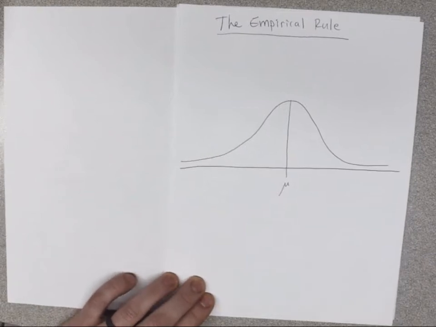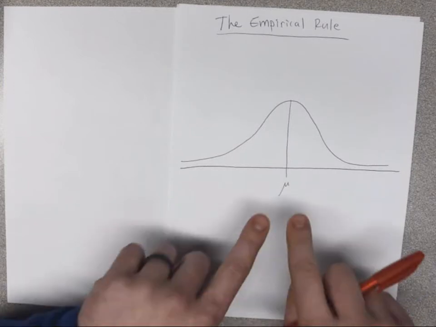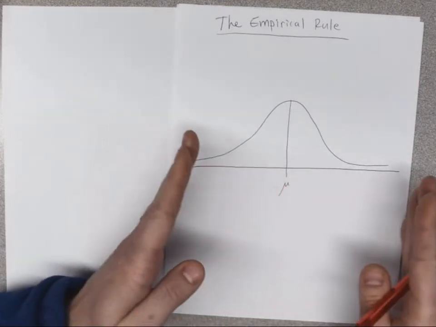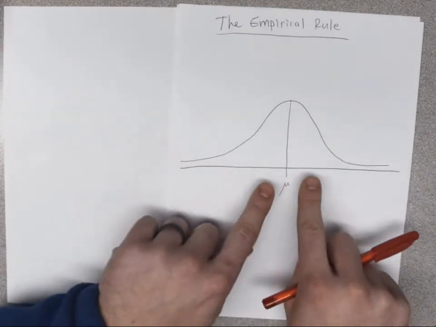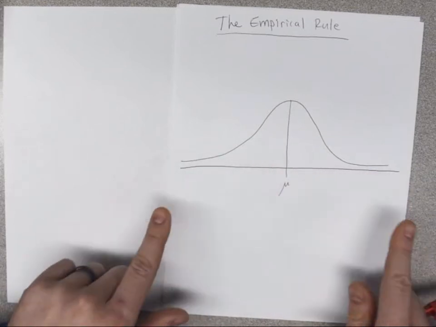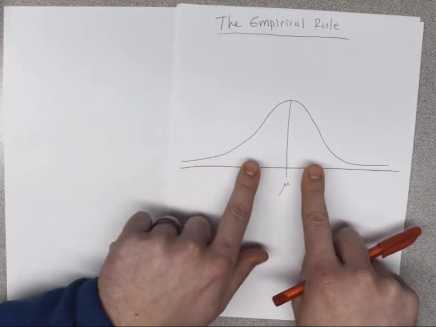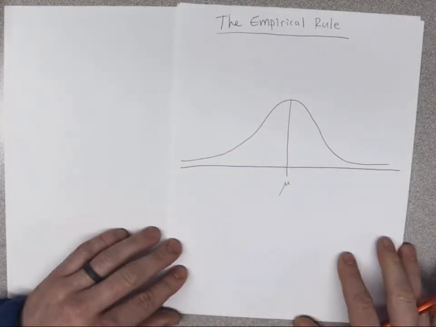All right. So what the standard deviation allows us to do is determine the dispersion of this graph. How much data lies here, or lies here, or lies here. Or it also can tell us how much should lie here, or any version of this.